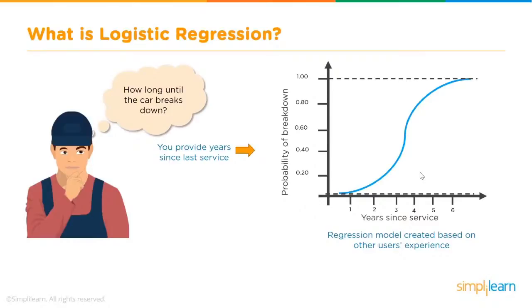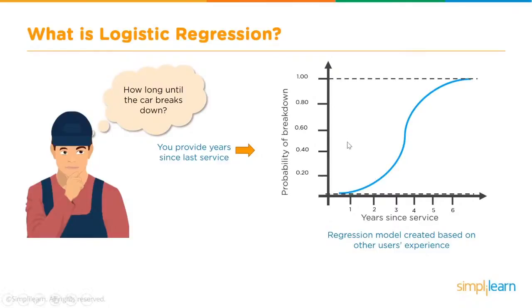So that is our labeled data. The data has been collected, for the number of years and when the car broke down and what was the probability, and that has been plotted along the x and y axis. From this graph we can find out whether your car will break down or not. We'll see how.